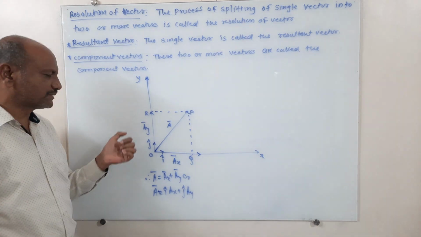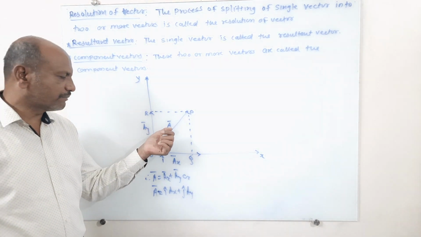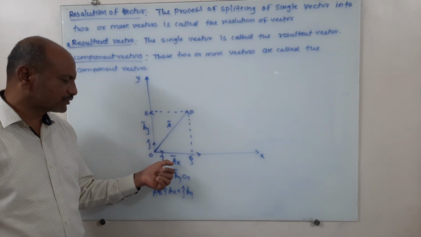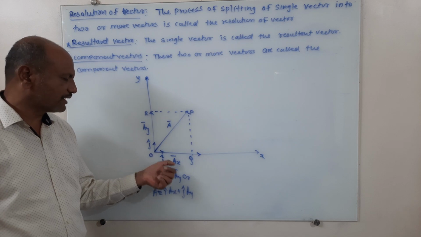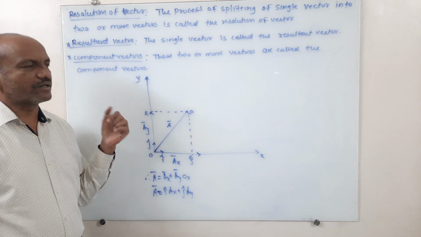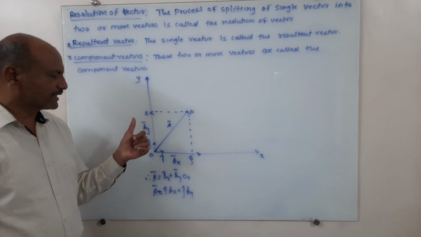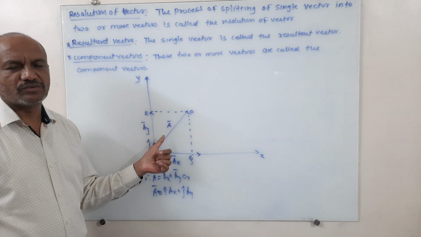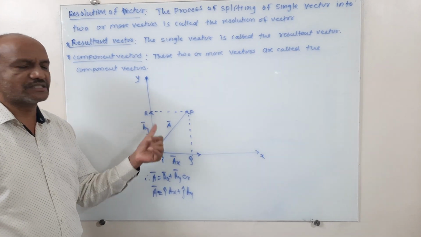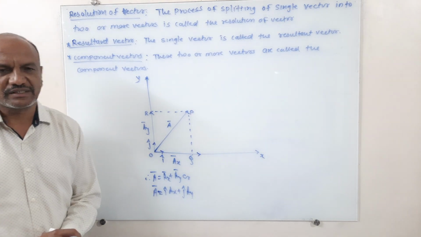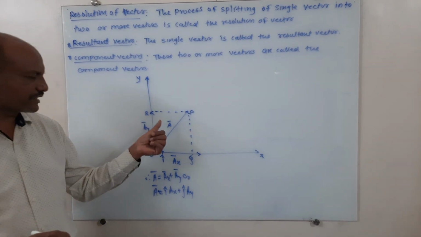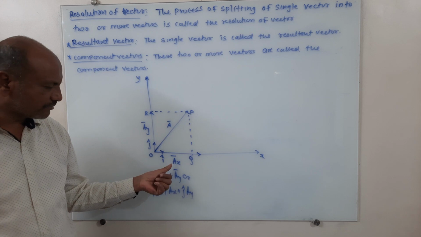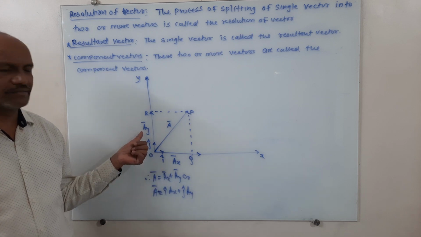Means here we split this A bar into its two components, Ax bar and Ay bar. Whatever may be the vectors, we can split up two or more vectors, and this process is called resolution of vector. In this case, we resolve A bar in terms of Ax bar and Ay bar.